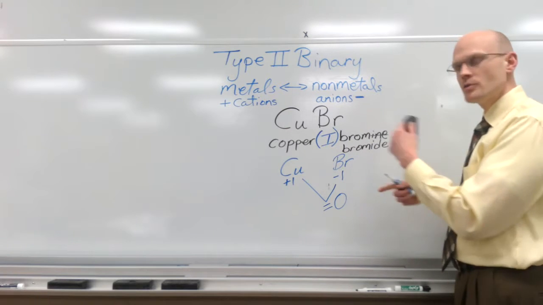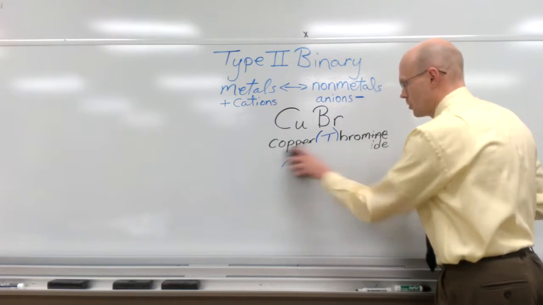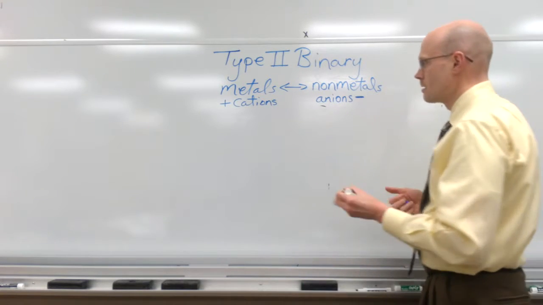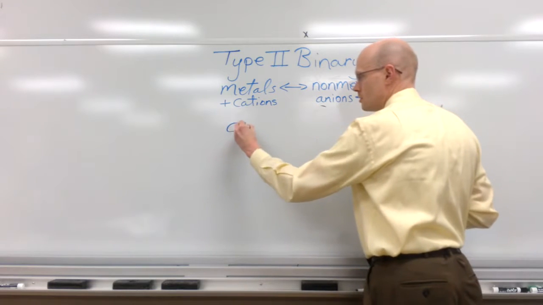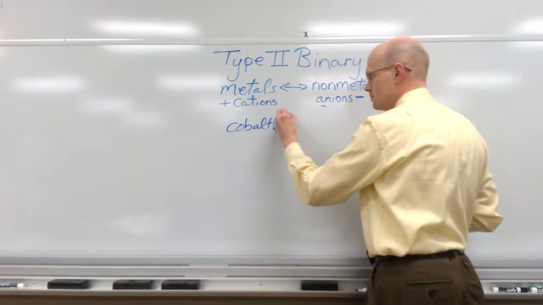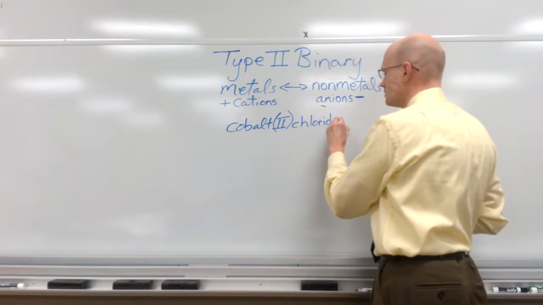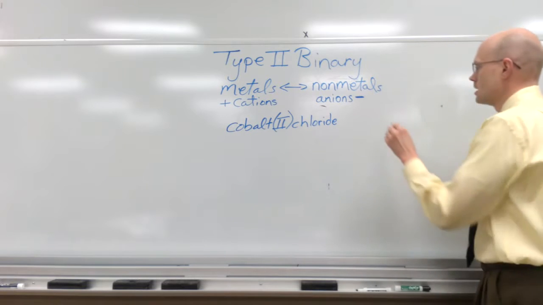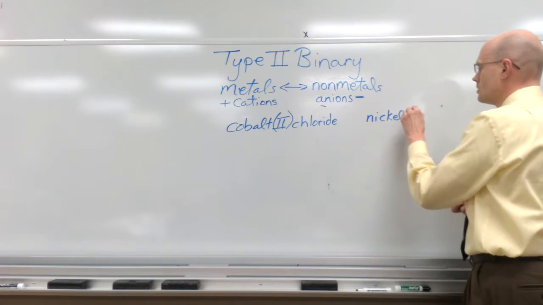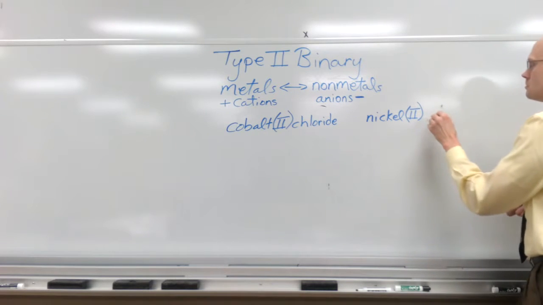Now, let's reverse this. Let's start with the name and then generate a formula. Okay. Let's try cobalt 2 chloride, and let's try nickel 2 oxide.